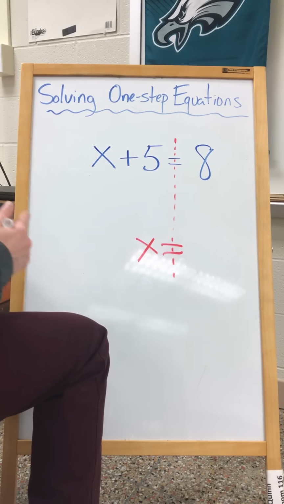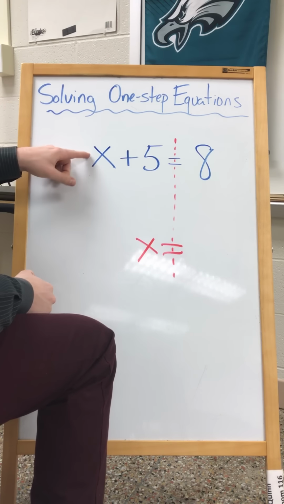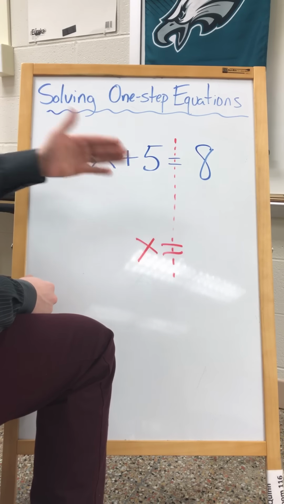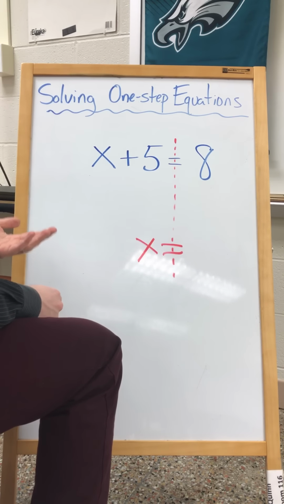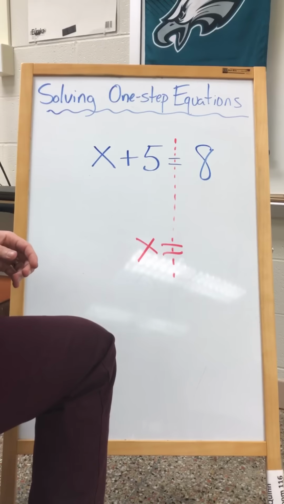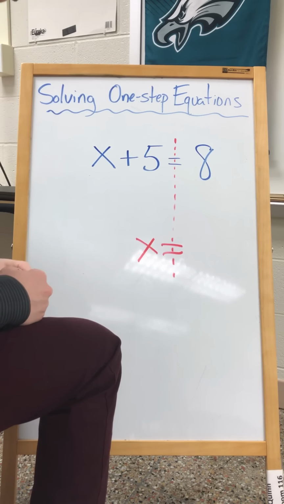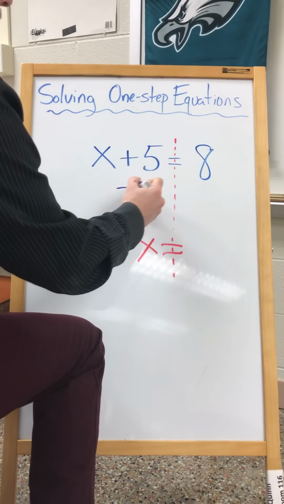So I look up at my problem and I see that in order to get my x by itself, I need to get rid of my 5. Well, the only way I can get rid of 5 is by subtracting it.